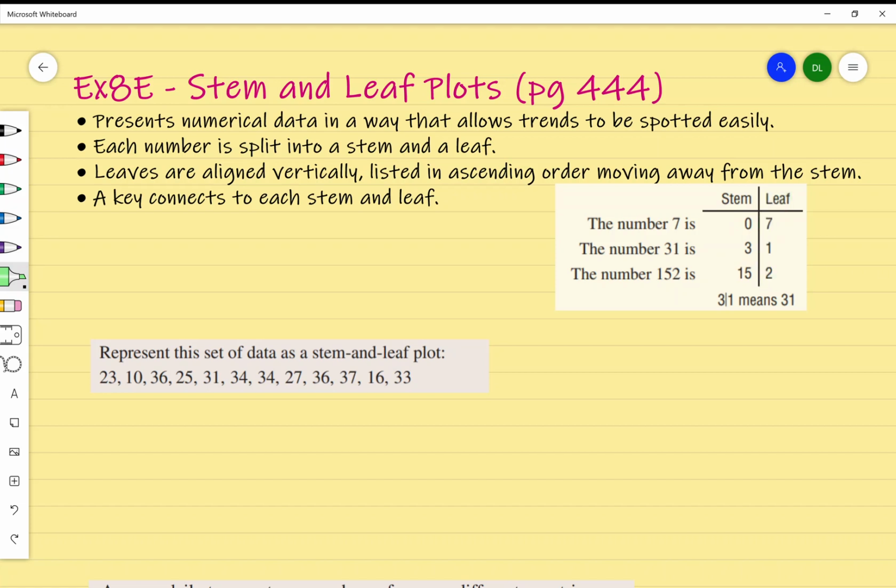Basically all we're doing is separating the numbers so it's a bit easier to see. Instead of writing 31, they've written 3 and then a line in the middle to symbolize the 30 and then the 1. So the 3 line 1 symbolizes the 31.